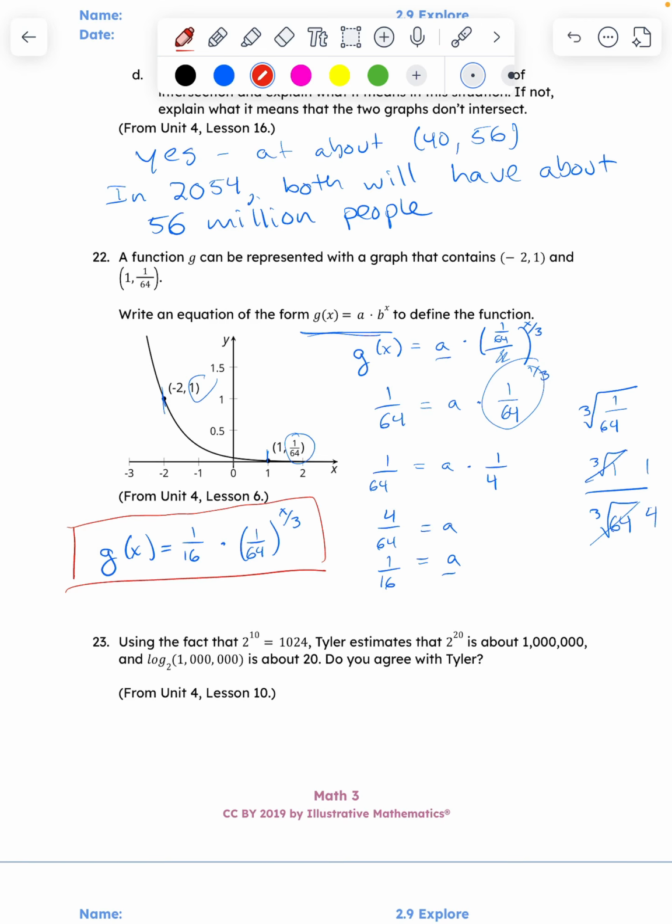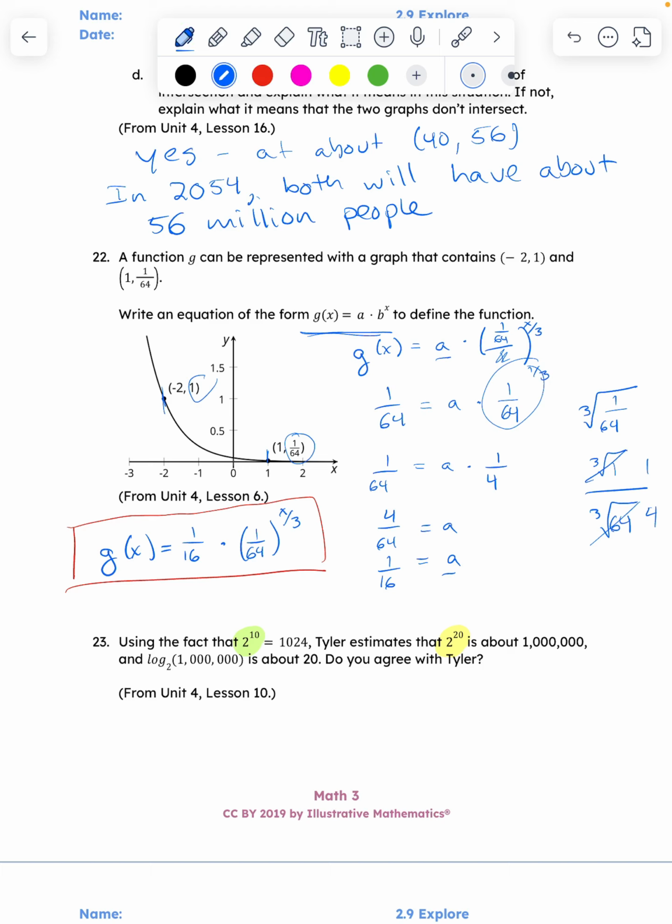I want to consider how I can relate 2 to the 10th to 2 to the 20th. And I'm going to do one of those annoying things that I keep doing, where I use my exponent rules.